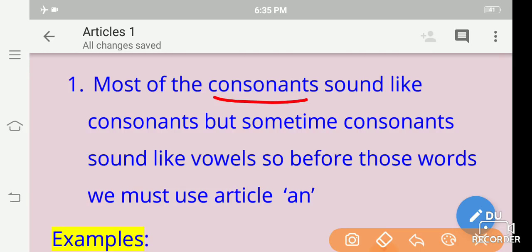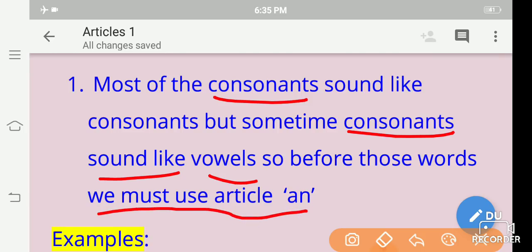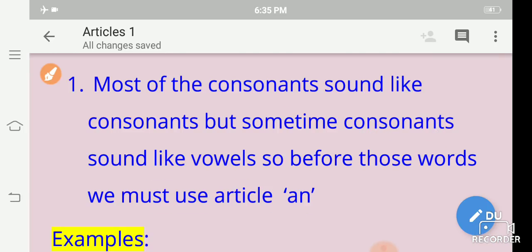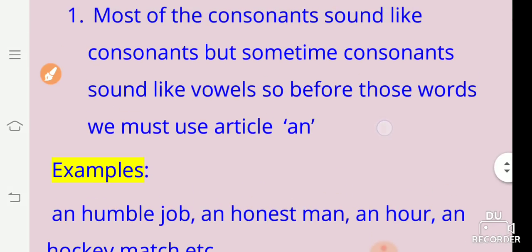But sometimes some consonants sound like vowels. So when they sound like vowels, as our main rule of the usage of article an says, we must use article an. So let us see the examples with regard to note number 1, friends.